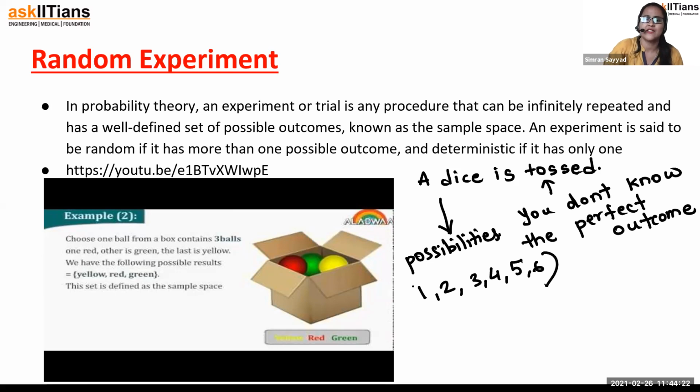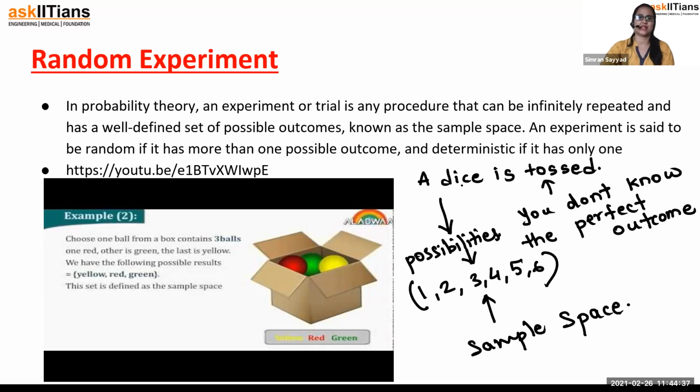When you toss a die or throw a die, there are possibilities that you can get these many numbers. So what is this called? This is called a sample space. So a random experiment is nothing but an experiment which occurs with no perfect outcome, but it has some possibilities, and that set of possibilities is called a sample space. I hope this is clear to you.